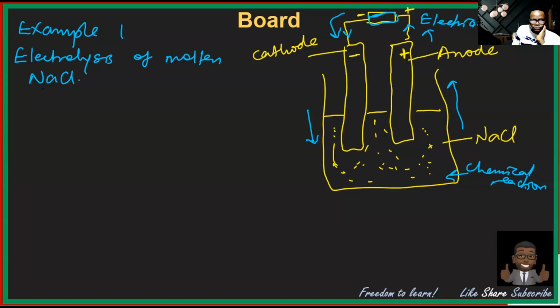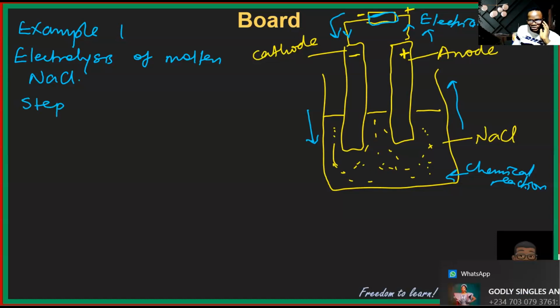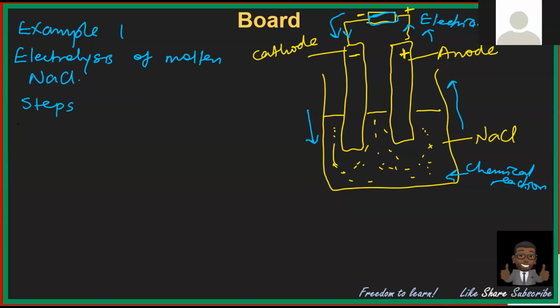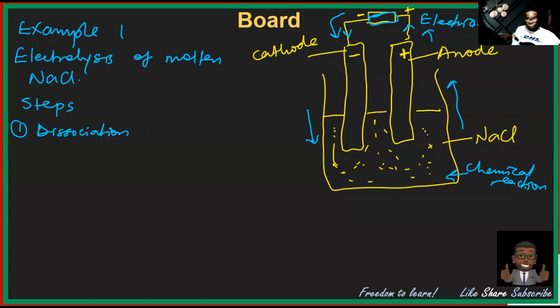Now, for electrolysis, there are steps. So what are the steps for any electrolysis? The first step that you have in electrolysis is what we call dissociation, especially if it is aqueous, okay?